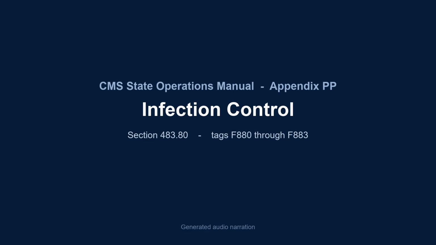The facility must designate one or more individuals as the infection preventionist, IP, who is responsible for assessing, developing, implementing, monitoring, and managing the IPCP. The IPCP includes content required in Section 483.80(a)(1), F880, Infection Prevention and Control, and at F881, Antibiotic Stewardship Program, ASP.